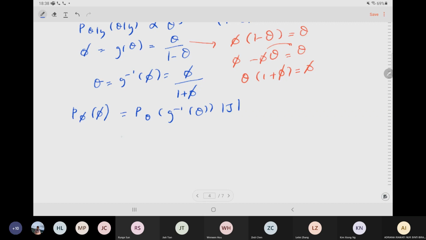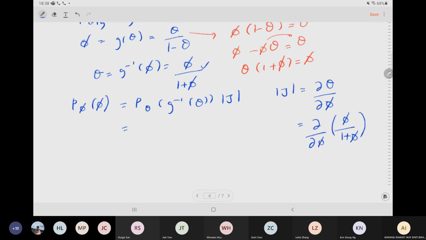Here the Jacobian means that you have to differentiate d theta over d phi. So you have to differentiate this function, phi over 1 plus phi.